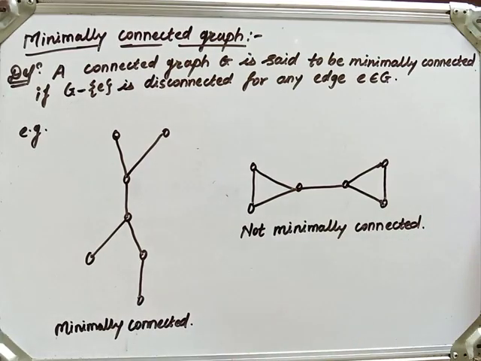Now let's see some properties of trees and minimally connected graphs. This is also one of the trees. Look at it carefully, right? So let's see a few of the properties. Further, let's continue.